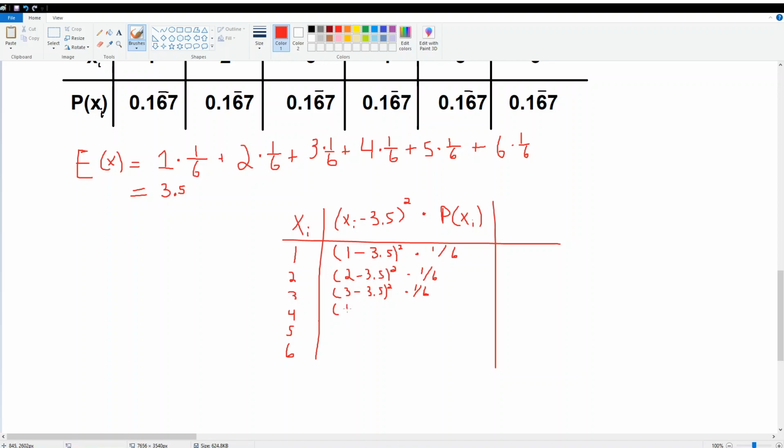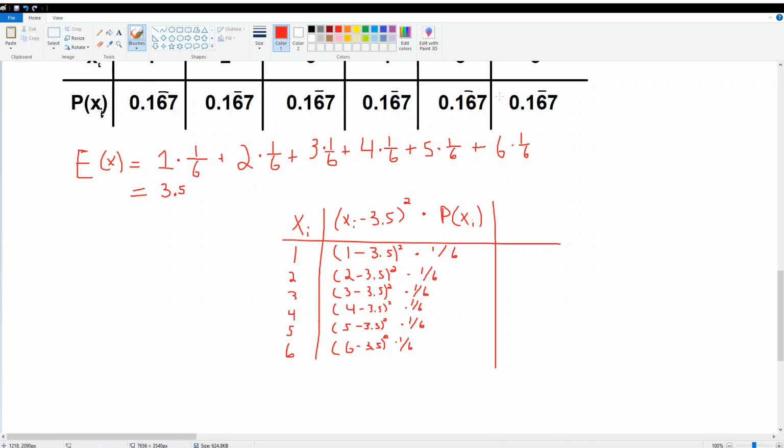Our fourth one, 4 minus 3.5, square that times 1 out of 6. Our fifth one is 5 minus 3.5, square that times 1 out of 6. And our sixth one, 6 minus 3.5 squared times 1 out of 6.